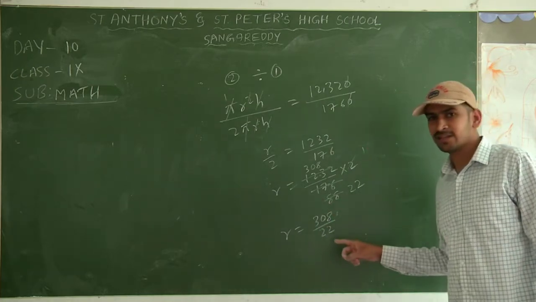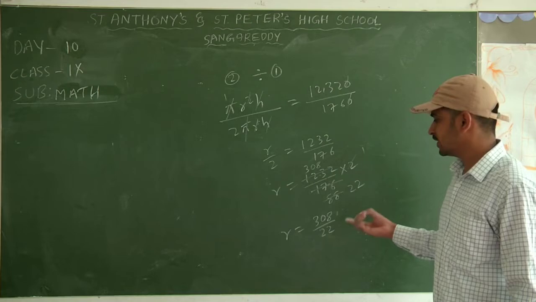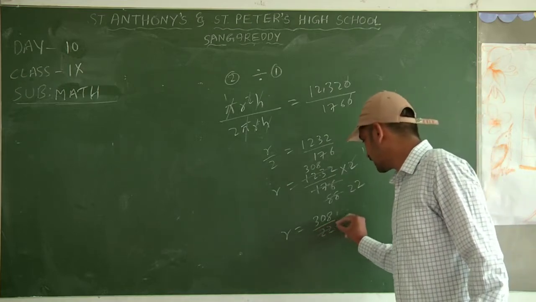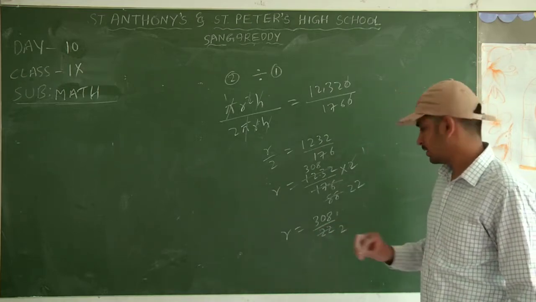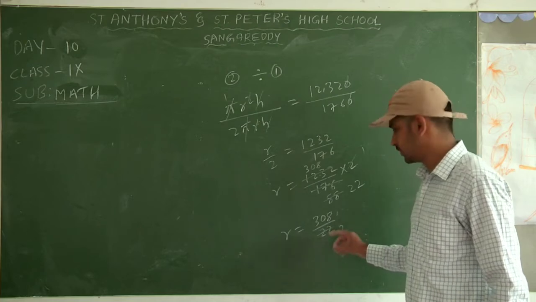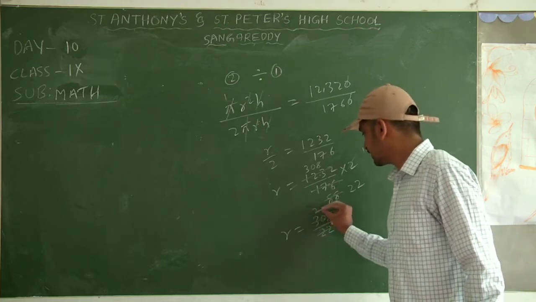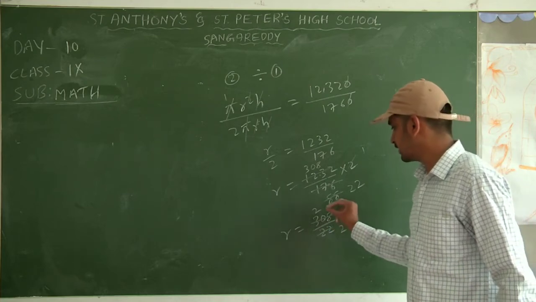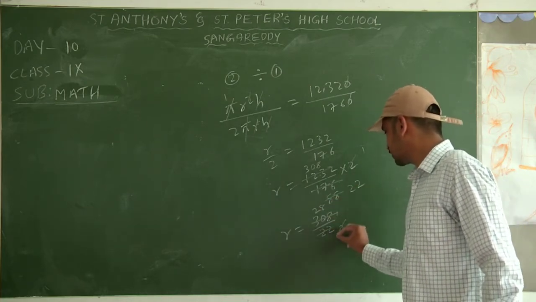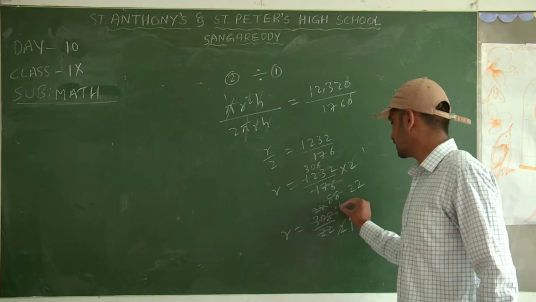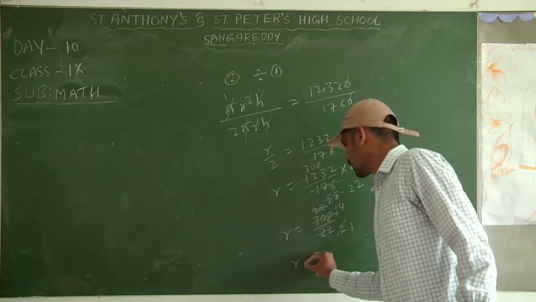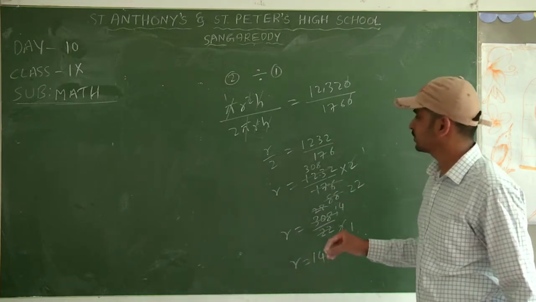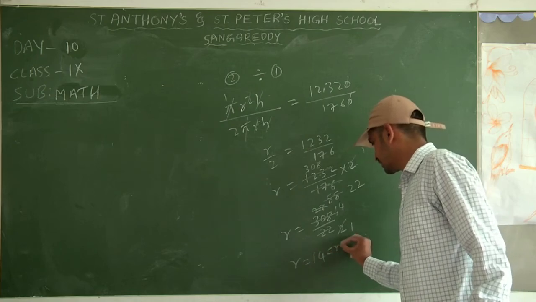We can cancel again with the 2 table or the 11 table also. 11 twos are 22, next 11 twos are 22, remain 8, 88. 11 eights are 88, 2 ones are 2, so 14. So r equals 14 centimeters.